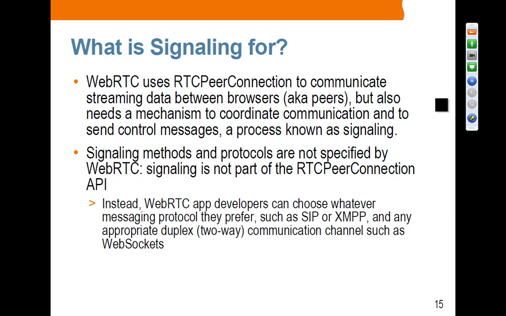This process is called signaling. They have to find each other first, and they have to exchange the communication capabilities and things like that. These signaling methods and protocols are not specified by WebRTC, so a WebRTC application could use whatever messaging protocol it prefers, such as SIP, XMPP, or even WebSockets.